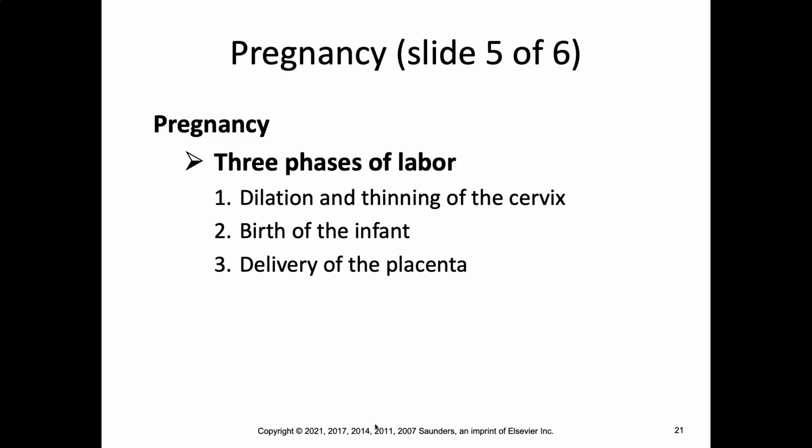And then you have the actual birth of the baby, and then the placenta has to be delivered. Long time ago, there were women who died in childbirth 100 years ago, 150, 200, 300 years ago, that if for some reason they didn't deliver the placenta, it stayed in there, it caused a uterine infection.